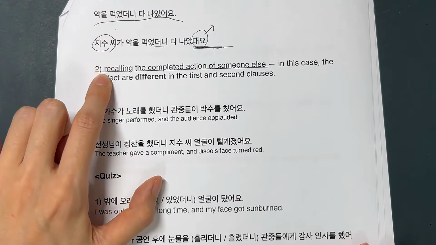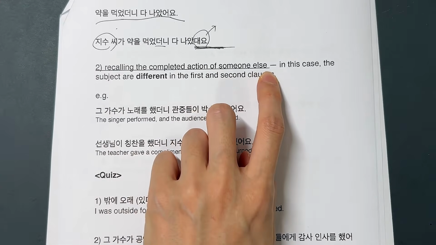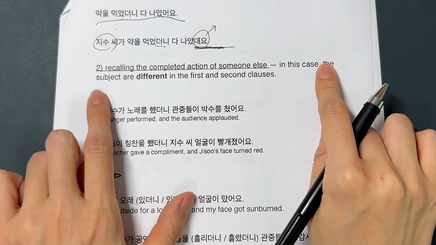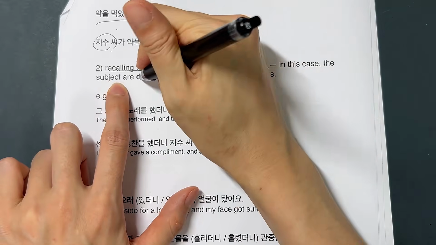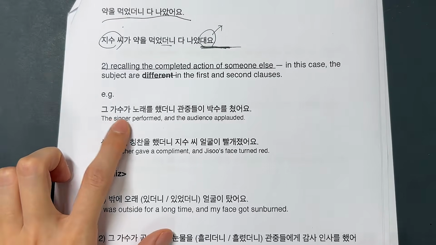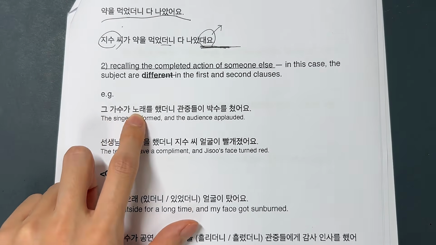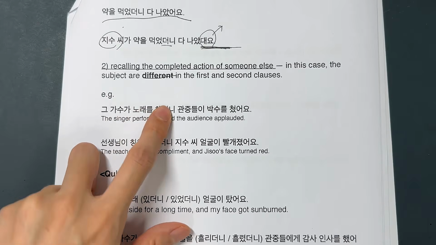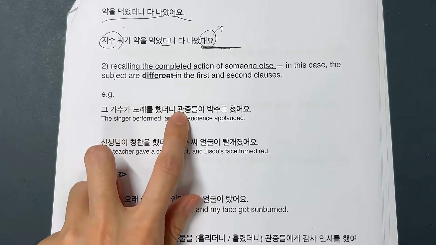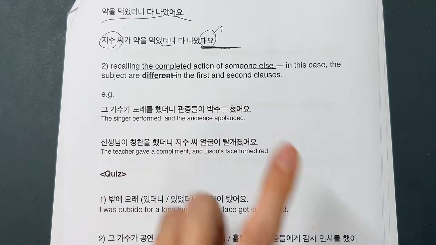And it can also be used when you're recalling the completed action of someone else. And in this case, the subject has to be different in the first and second clauses. So for example, 그 가수가 노래를 했더니, the singer sang a song. And after that was completed, someone else, which is 관중들, the audience, 박수를 쳤어요.